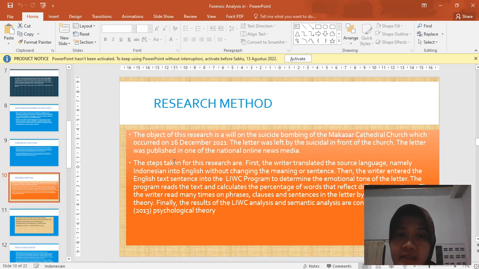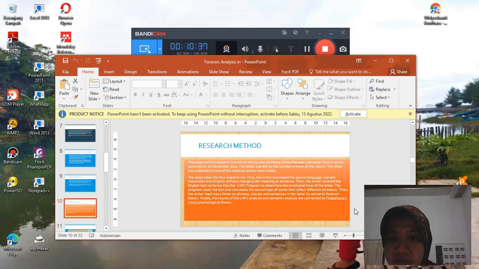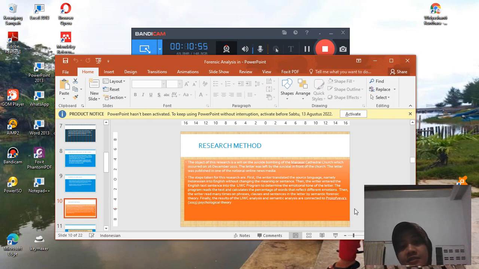The program reads the text and calculates the percentage of words that reflect the different emotions. Then the writer read many times on phrases, clauses, and sentences in the letter by semantic forensic theory. Finally, the results of the LIWC analysis and semantic analysis are connected to Prokofieva's 2013 psychological theory.